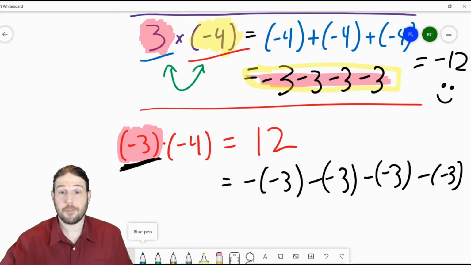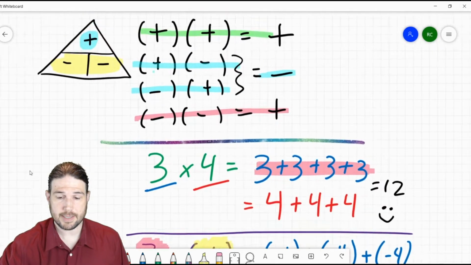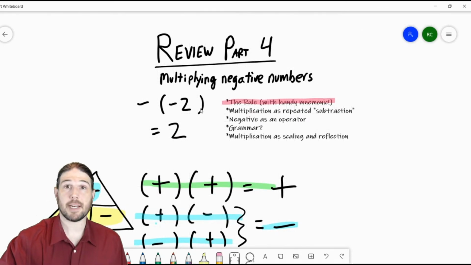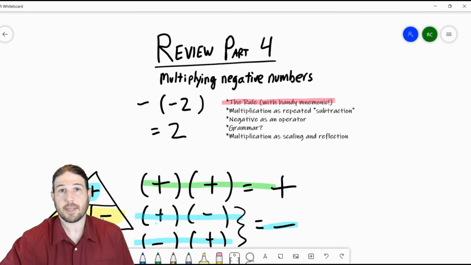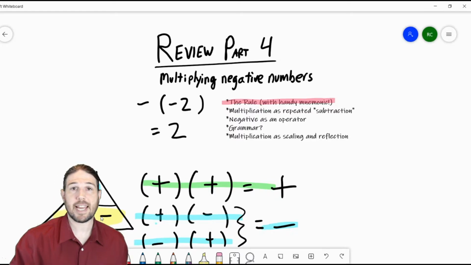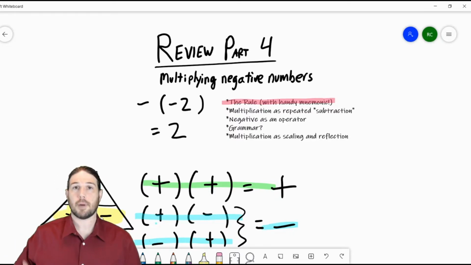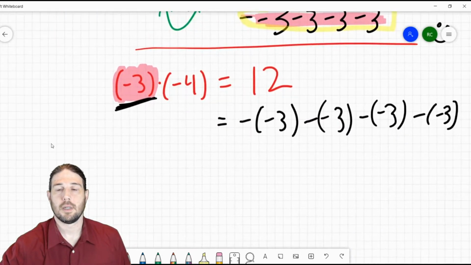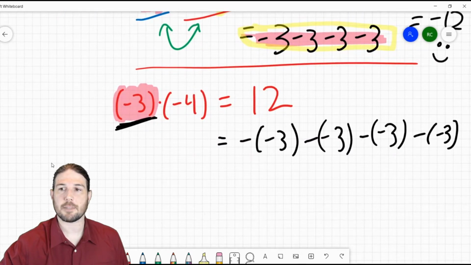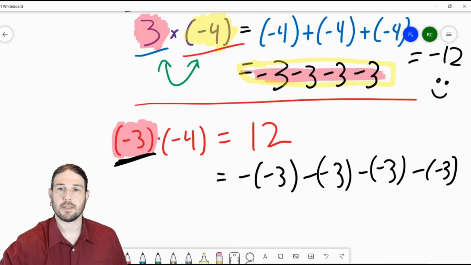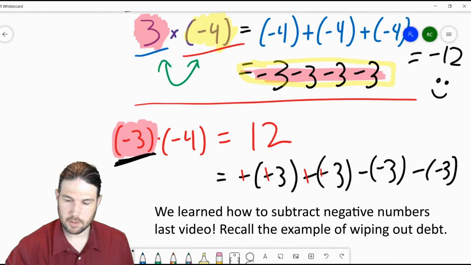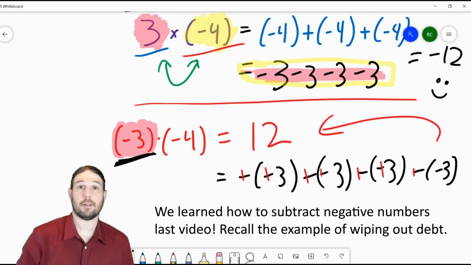Well, this should look really familiar. In fact, it should look exactly like what we had at the very beginning. This minus minus 2 ended up being a positive 2, right? A negative times a negative equals a positive. So all of these minus minus 3's, well, they all become plus 3's, which is where we get our answer of 12.